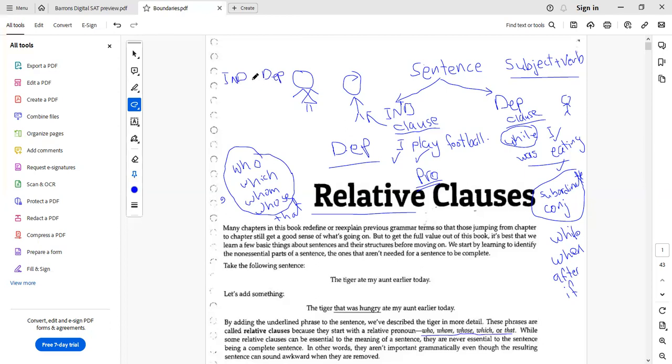Independent, nothing between them, except in some condition that this dependent is a relative clause that it's not important or not essential. If it's a relative clause that is not essential, you have to put independent, then comma, then dependent. In the cases only, it's a relative clause and not essential.